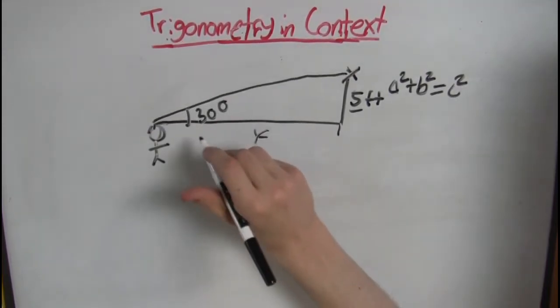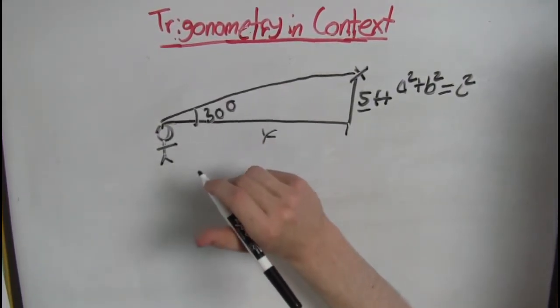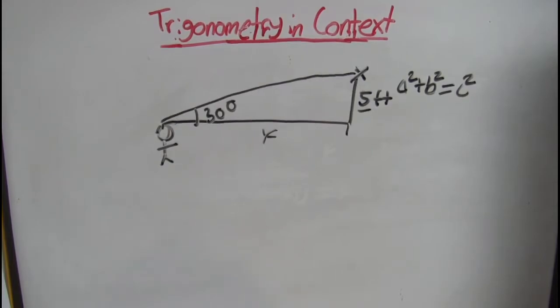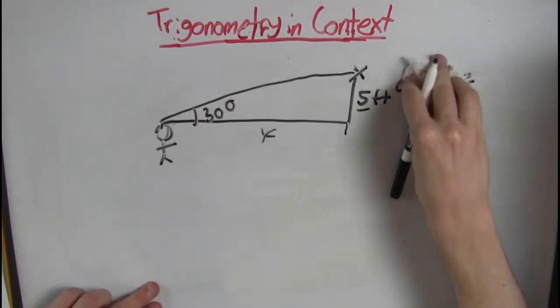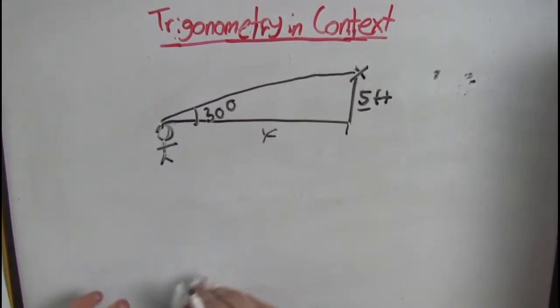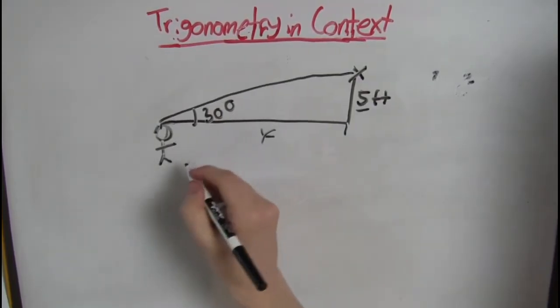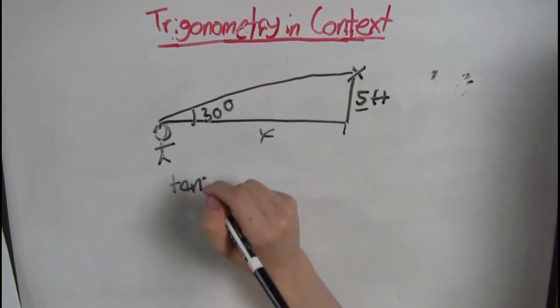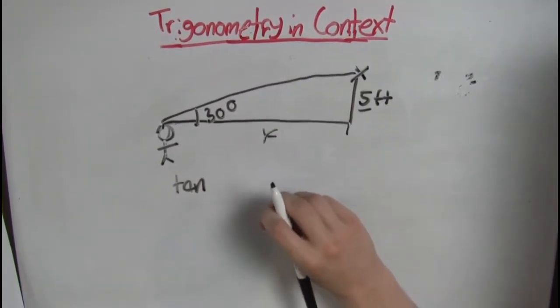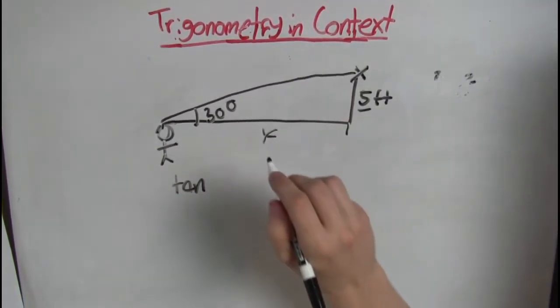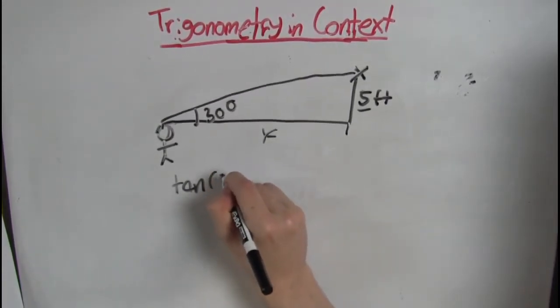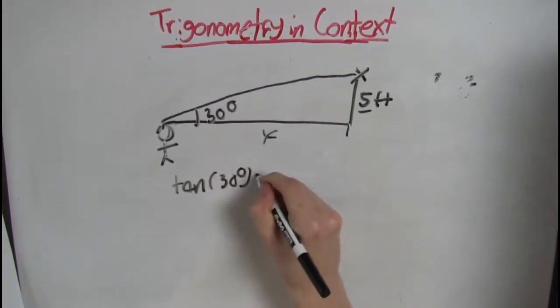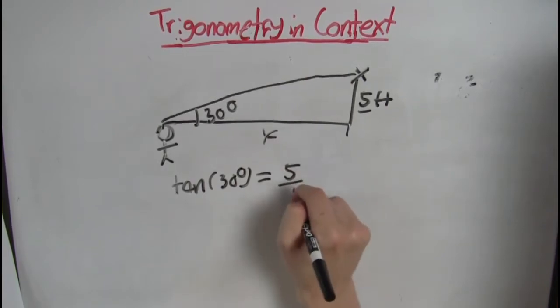But we do see that 30-degree angle right there, which suggests that we can use trigonometric functions to solve our problem. And indeed, we can. So I can say the tangent of this angle here is opposite over adjacent, so 5 over x. So the tangent of 30 is 5 over x.